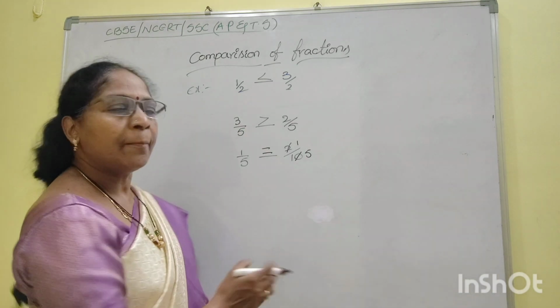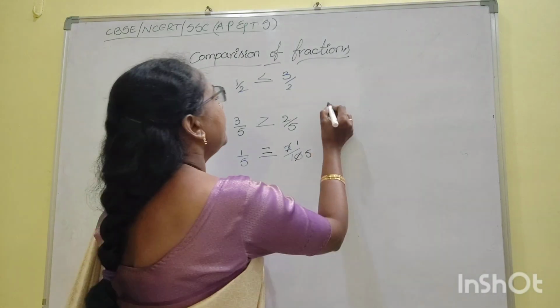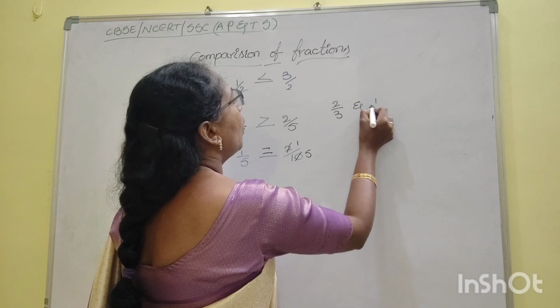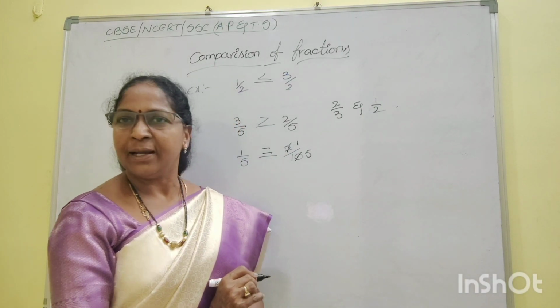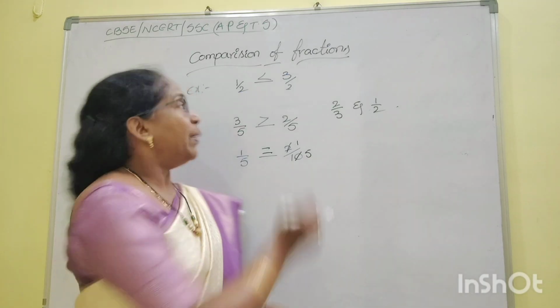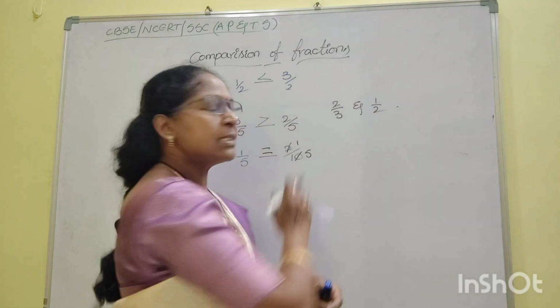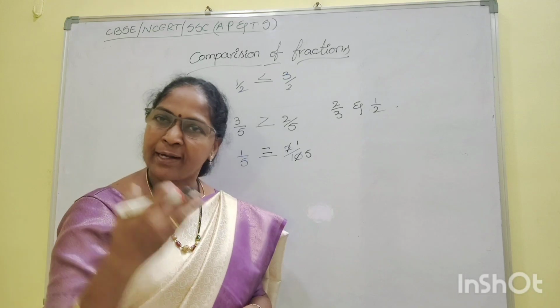But whenever both given fractions are unlike fractions, then how to solve? Here 2 by 3 and 1 by 2. Which is greater and which is smaller? Then how can you say? Whenever like fractions are there, then you can compare easily. Whenever unlike fractions are there, then can you compare easily? No. Can you compare directly?